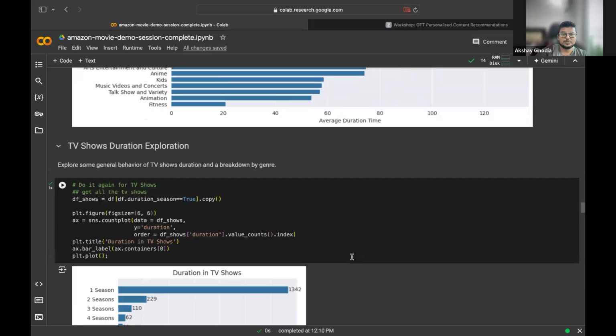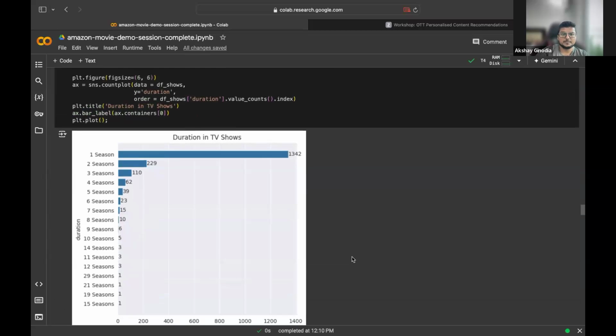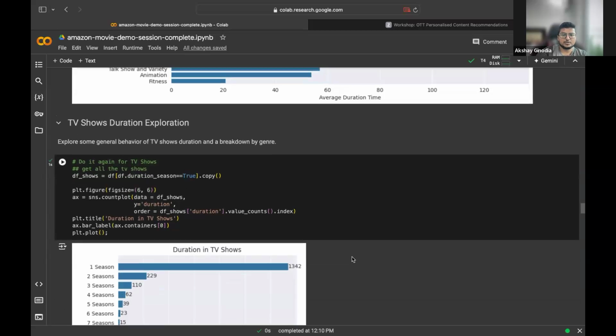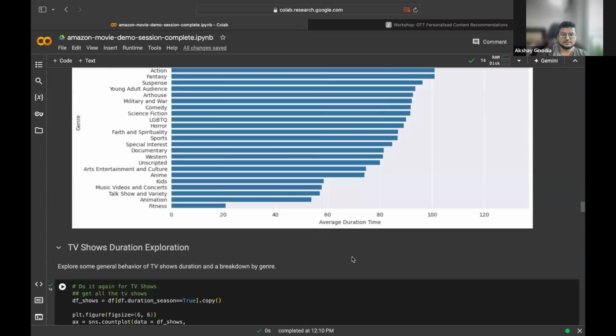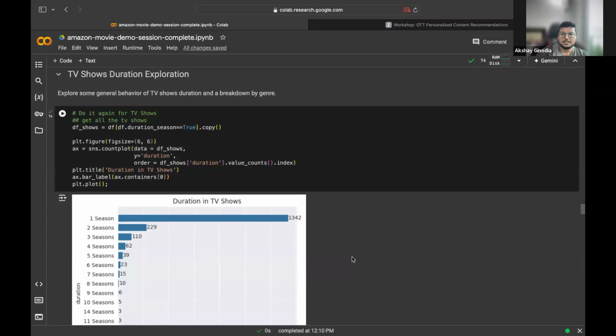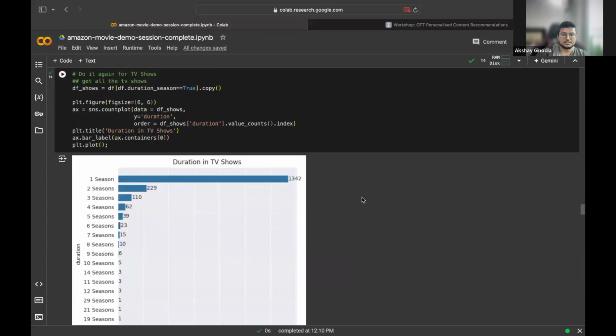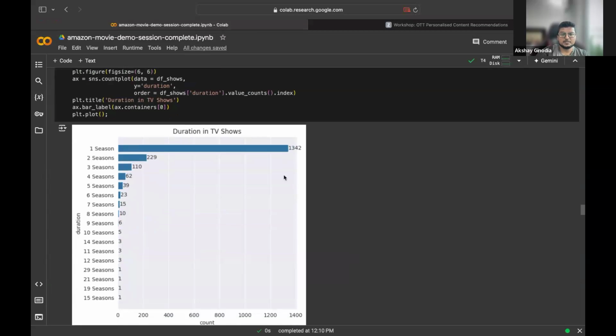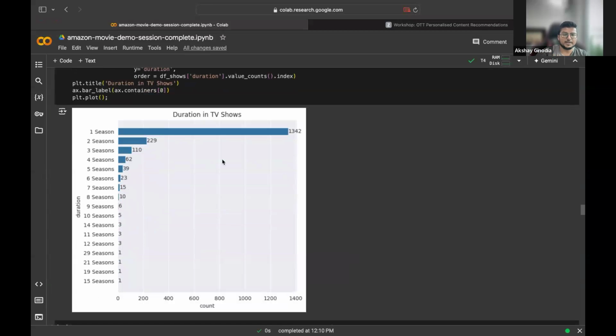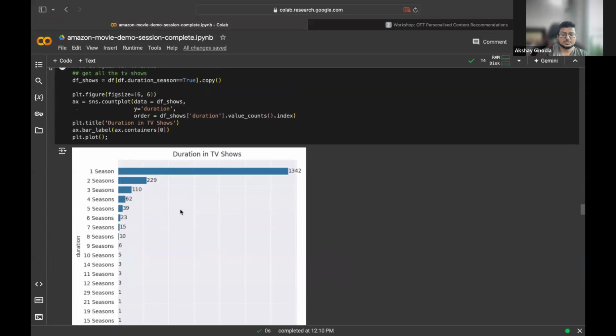So that's a good thing. We do the same thing with TV exploration, but this time we are not going to look at minutes, because TV had seasons, right? It did not have minutes in it. So we're doing the same thing, not getting into the details of the code, but again the same type of manipulation. We're looking at how many seasons there are, what the distribution looks like.